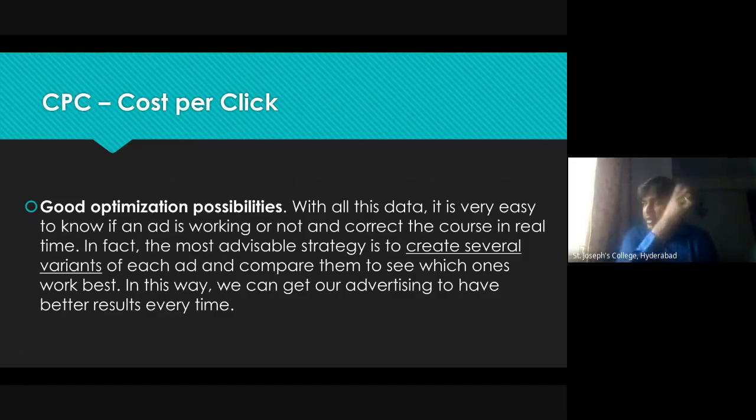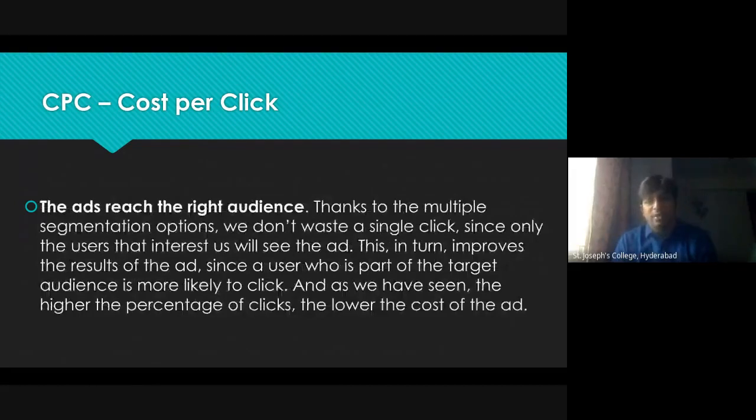And the ad reaches the right audience. The same example of search engine. One customer might type in the best water purifier. Another customer might type in cheapest water purifier. Another customer might type in water purifier home delivery. So the needs are different for many customers, for many viewers.